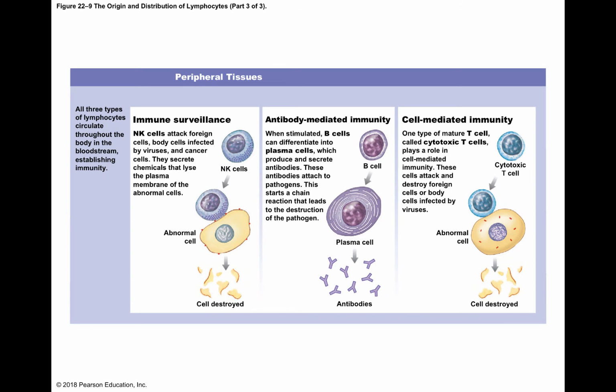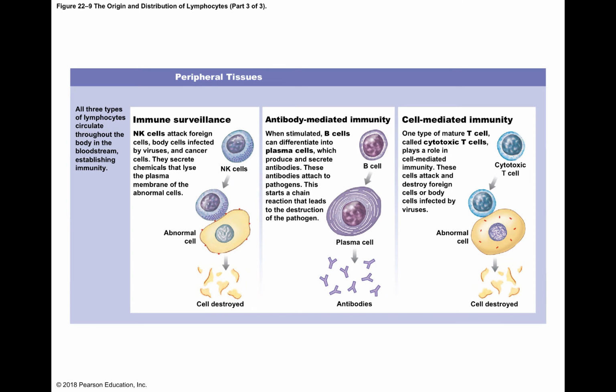When they become activated, it's because some other cell, whether it's the actual pathogen, so the strep pneumoniae bacteria, has activated the B cell, or another cell in the immune system has activated the B cell and told it that its job is to protect the body against that strep pneumoniae bacteria. And that's the only thing that one B cell will protect you against. Okay? So it's very specific.